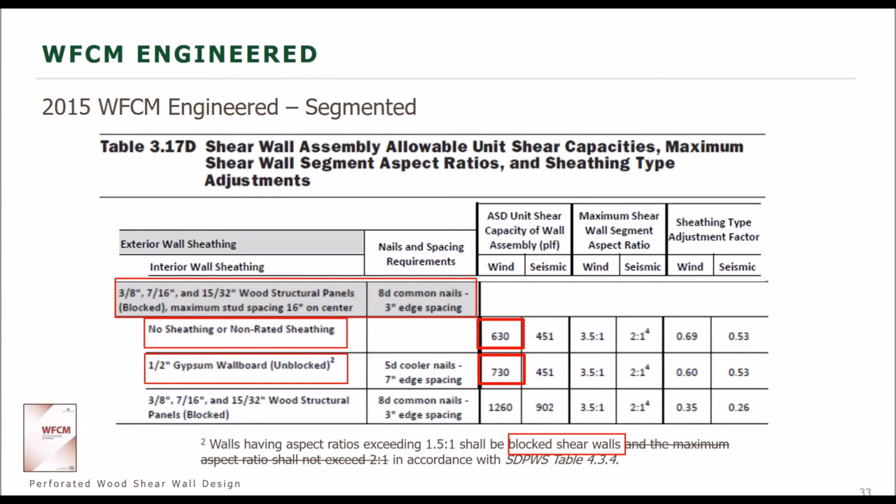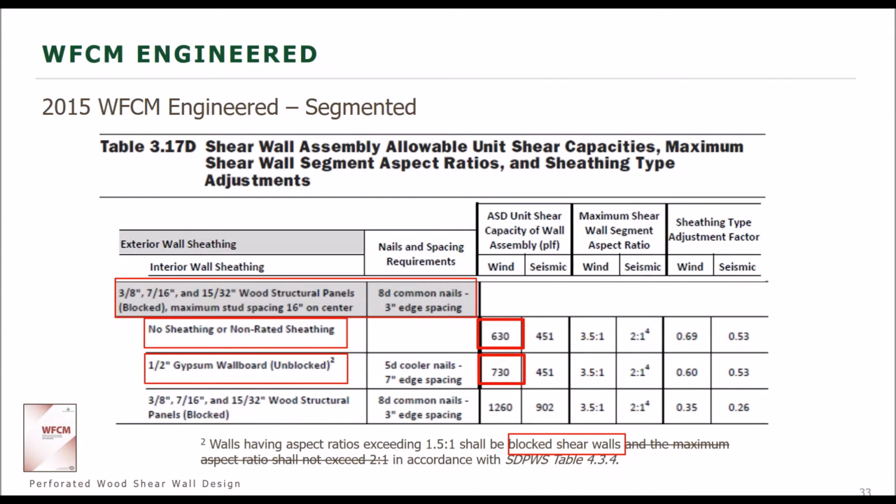So that really is a nice time saver for calculating your wind loads. You can just pull it out of the table, and you don't need to go through a full ASCE 7 analysis for the wind. We've already taken care of all of that nastiness for you guys. So if we go into table 317D, we'll see that we do have ASD unit shear capacities of our wall assemblies that are provided.